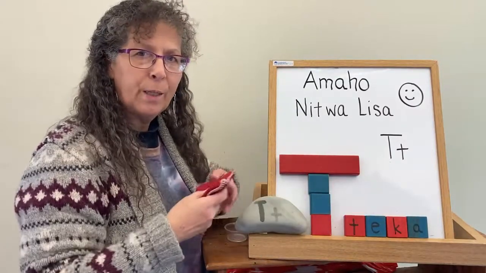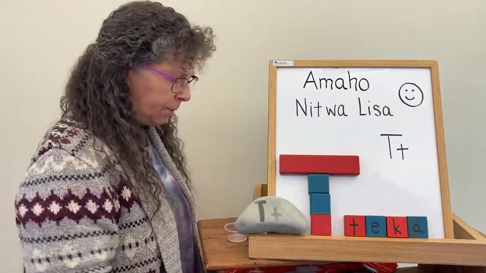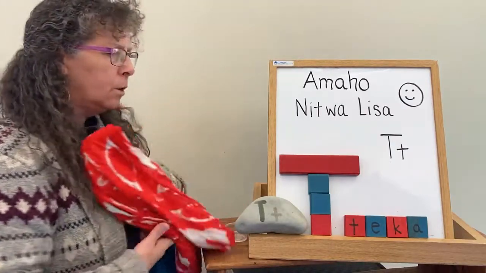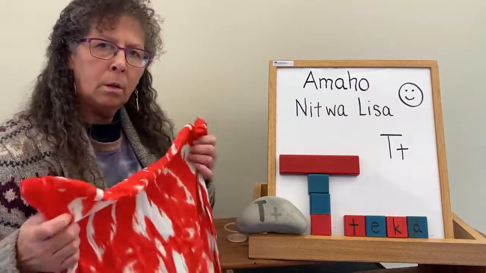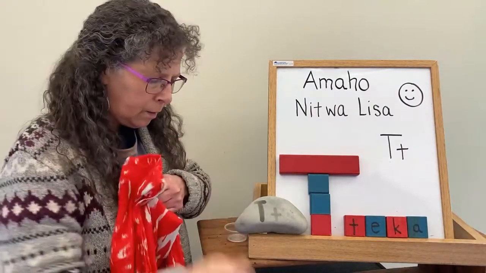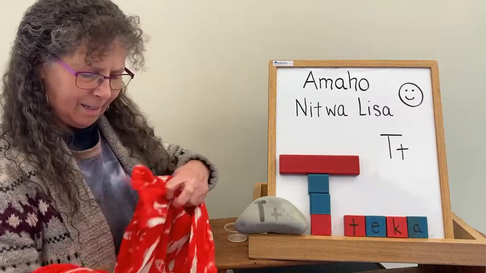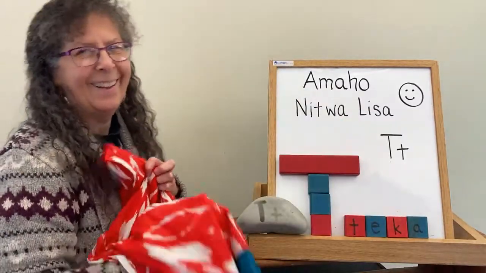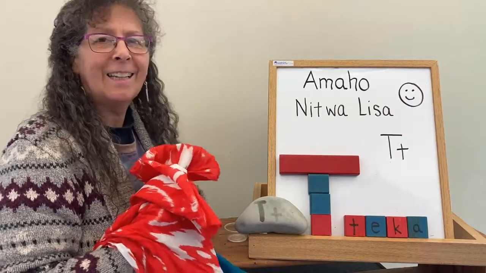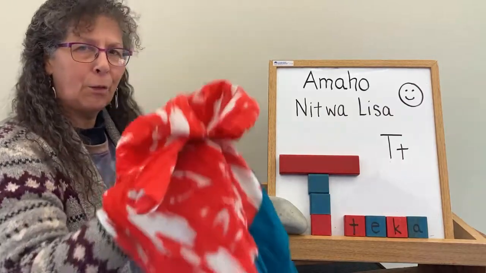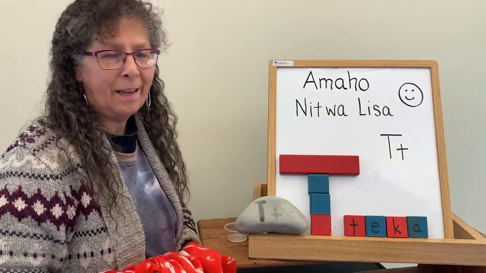And then they have to throw it to someone else. If you have a scarf, two children could hold the scarf and throw the beanbag up in the air and say, T says T in Tema as they're throwing the beanbag up in the air.